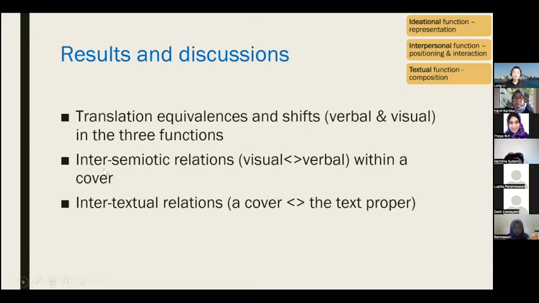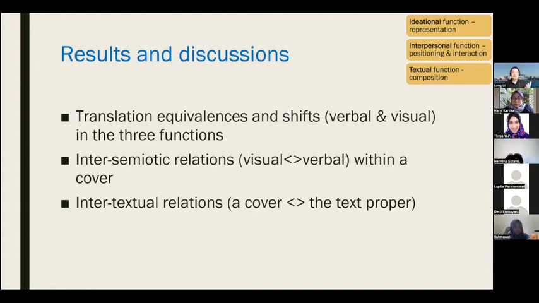I will also address the intersemiotic relations, that is, how within one cover, how do the visual elements relate to the linguistic elements? Do they combine to tell the same story, or do they talk about different things? And I will also address the intertextual relations, that is, how is the cover related to the text proper?